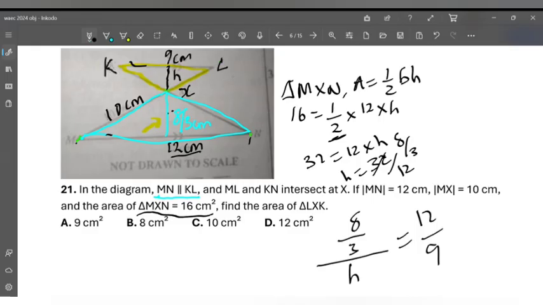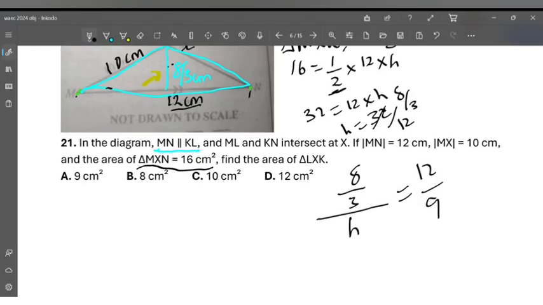From here, all I need to do is to make H the subject of the formula, and I can solve for my H. If I cross multiply, I'm going to have 12 times H is equal to 8 over 3 times 9.